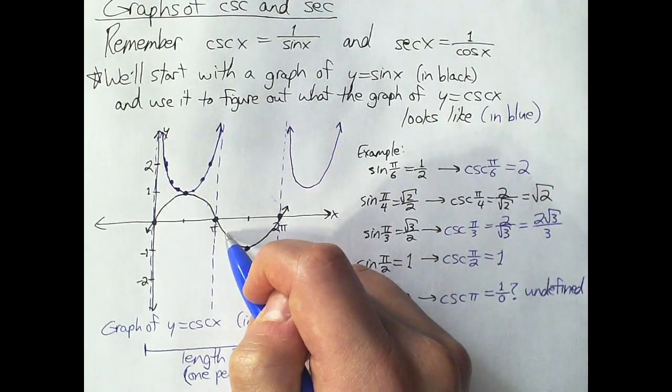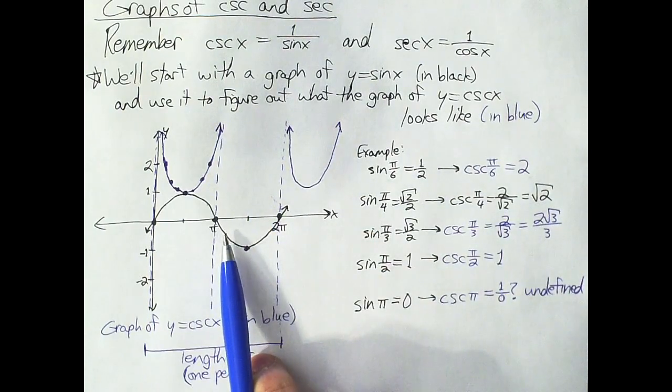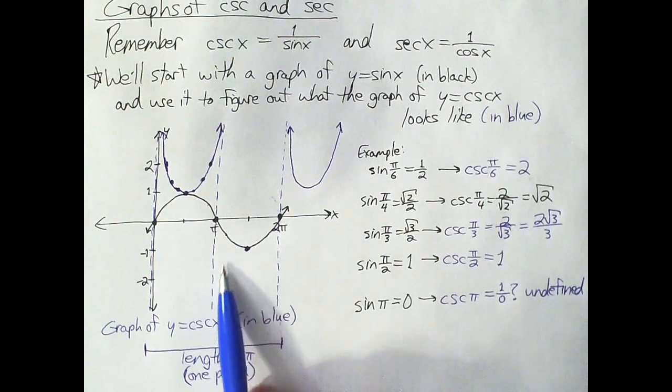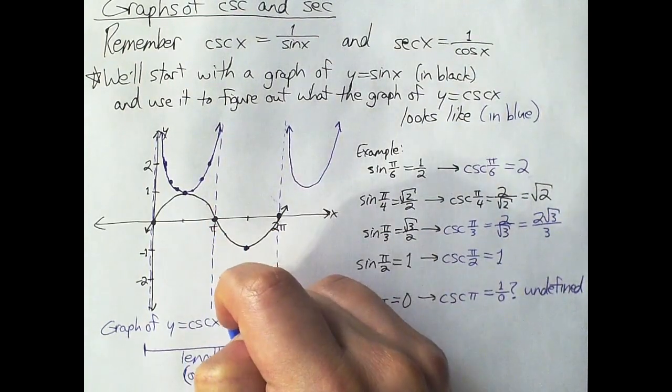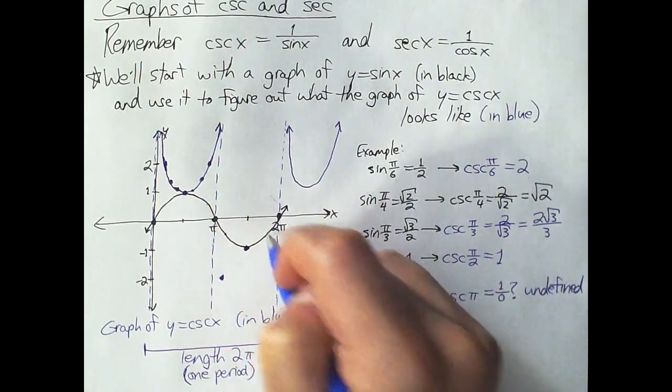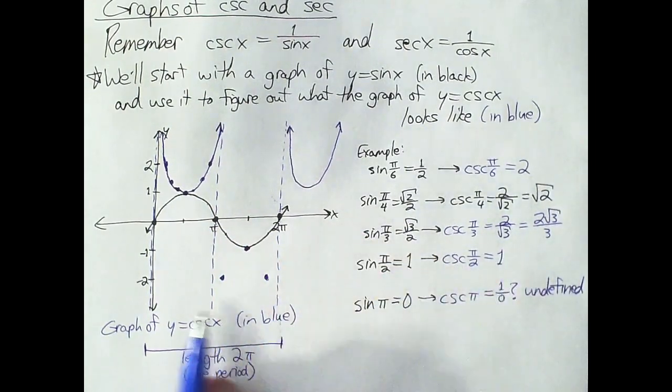What if I looked at the graph of sine about here and said, this spot on the graph looks like it's at a height of about negative 1/2. The reciprocal of negative 1/2 is going to be negative 2. So I'm going to get a point here. I could make a similar argument for why there needs to be a point on the graph here at a height of negative 2.